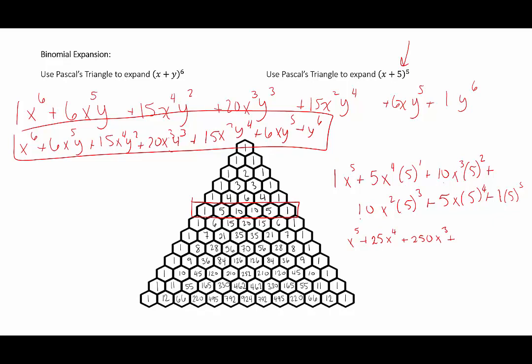Then we have 10 times x squared times 5 cubed. 5 cubed is 125, so this would be 1,250 x squared, plus we have 5 times 5 to the 4th, so that would be 5 to the 5th, and 5 to the 5th ends up being 3,125x, and then we have 5 to the 5th, so that would be 3,125, and that would be the binomial expansion of x plus 5 to the power of 5.